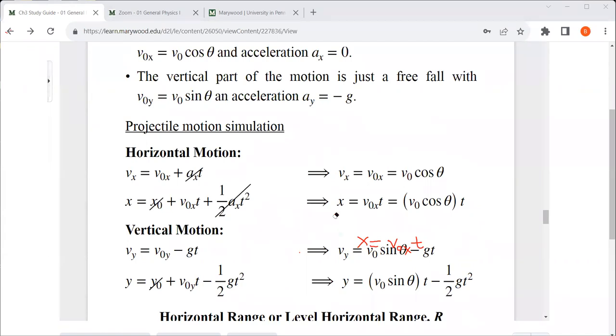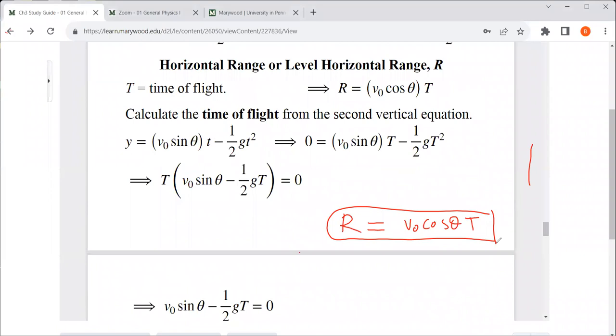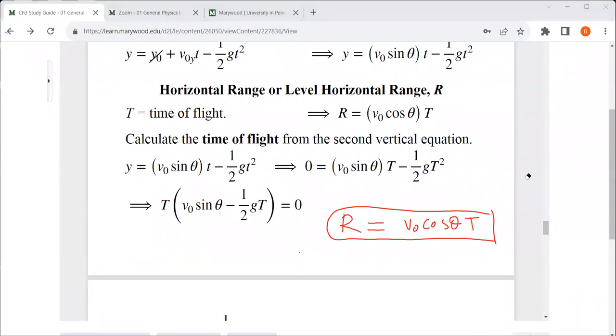Now if I replace x by R and t by the time of flight, we get this. This is basically the equation for horizontal level range. But we cannot use this equation as it is, because there are two unknowns: R and capital T. So we have to do something more to make it useful.